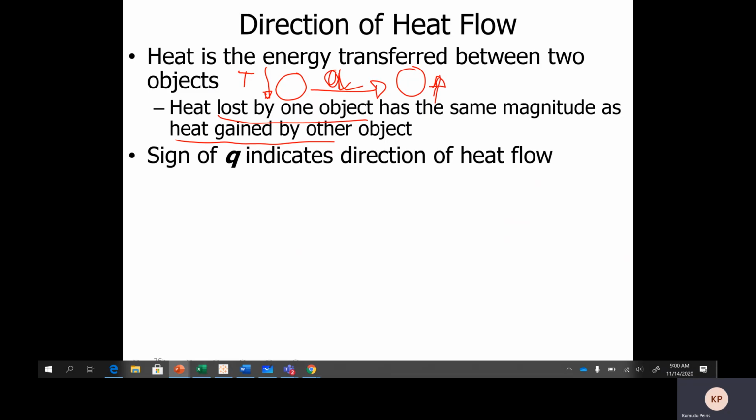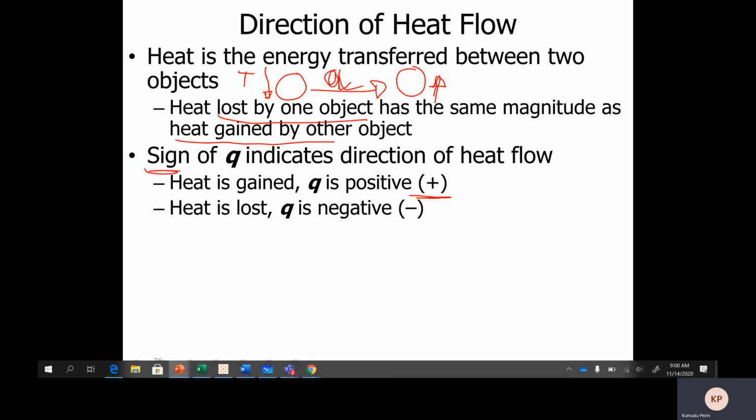So the Q is the amount of heat change during a thermal process, and the sign of the Q indicates the direction of the heat flow. As an example, if an object gains the heat, then the sign of the Q will be positive.